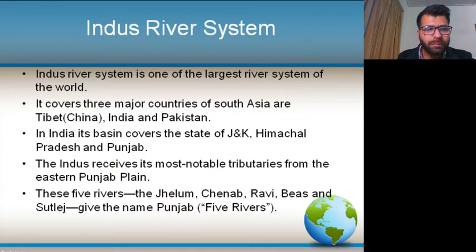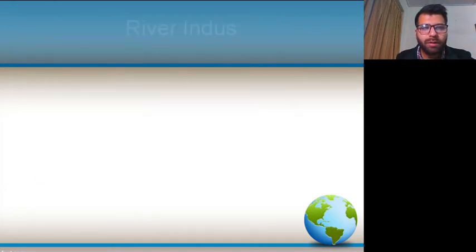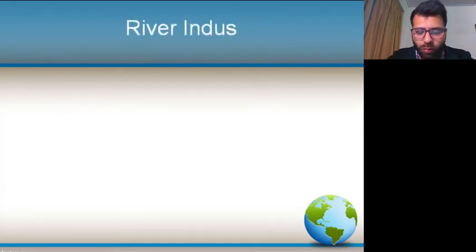Now among the whole Indus River system, the biggest part is River Indus. The reason River Indus has so much popularity in India is that, as historians say, the name of India has come from the river Indus.